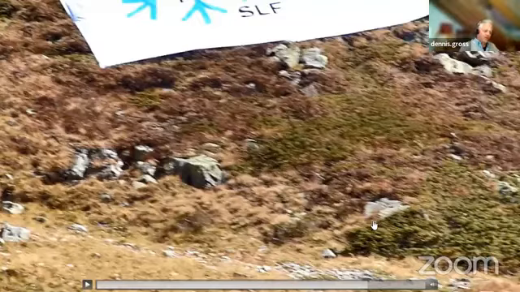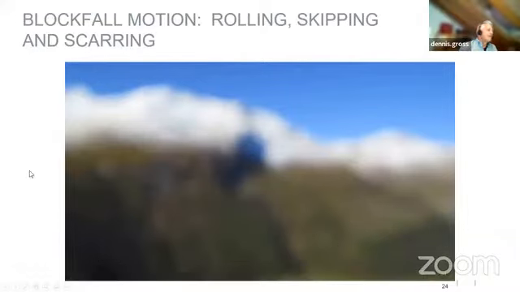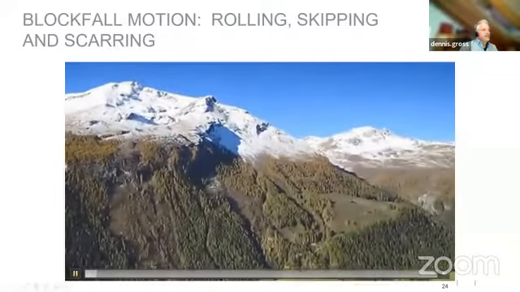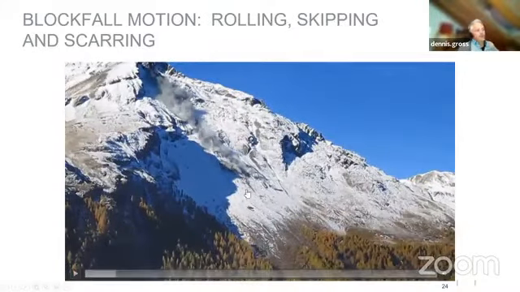So this is to illustrate or make us aware that the movements can be quite unpredictable. And I have another nice video to illustrate this. And that was a coincidence, of course, that this rockfall was recorded, and the source is somewhere up there, here on the right-hand side. Can you see my pointer? I hope so. Yes, okay, good. And so the video only starts, or we catch only the situation once the rocks are down here.